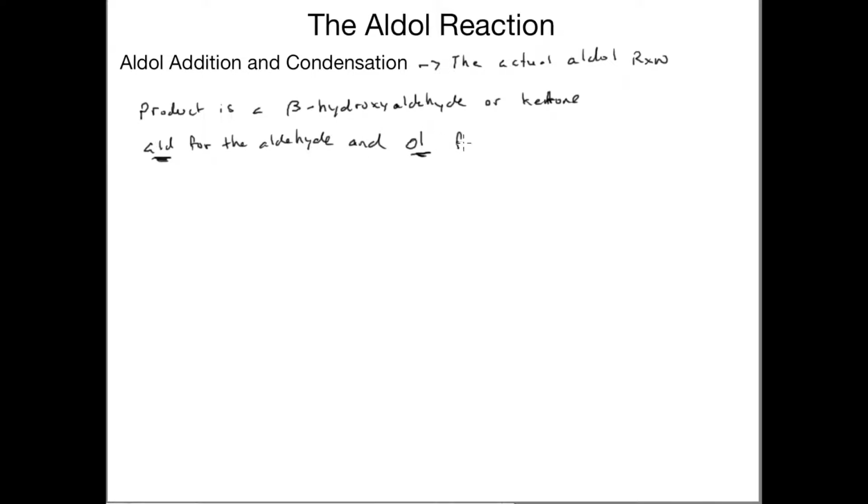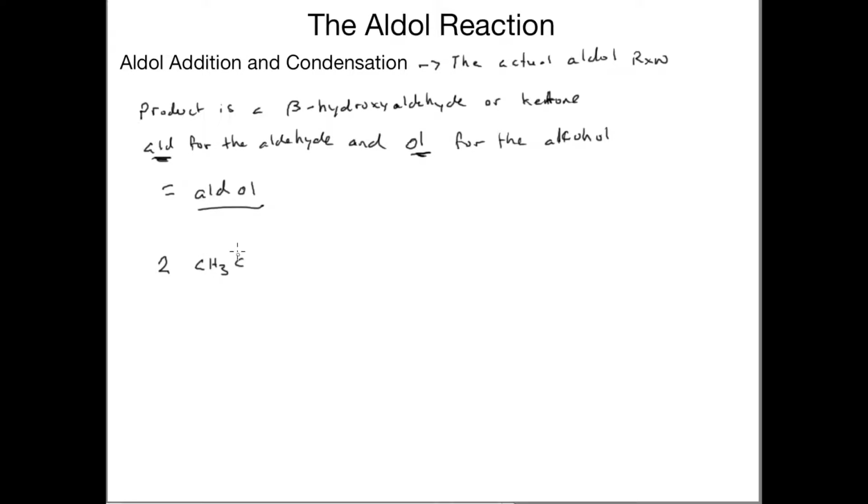And the ol is the actual alcohol that's formed from the addition to the carbonyl that we're going to see. So this gives us the alcohol. And this all combines to the aldol reaction.